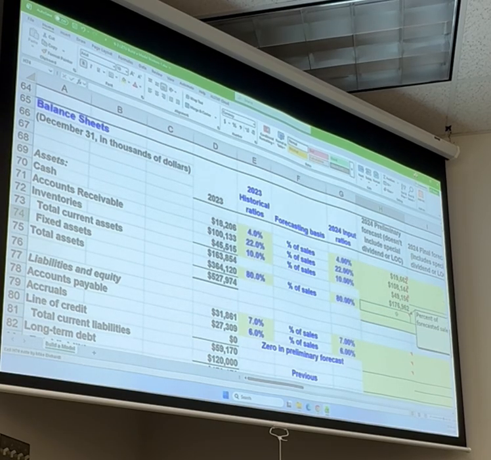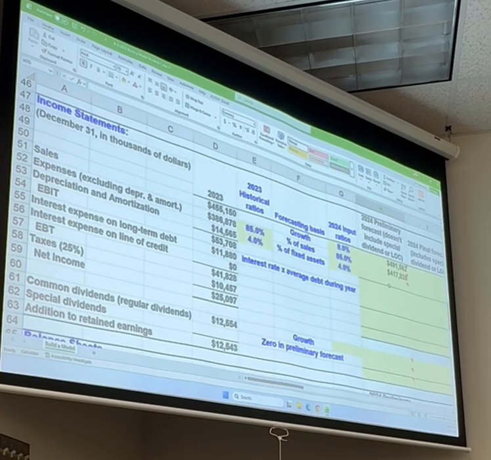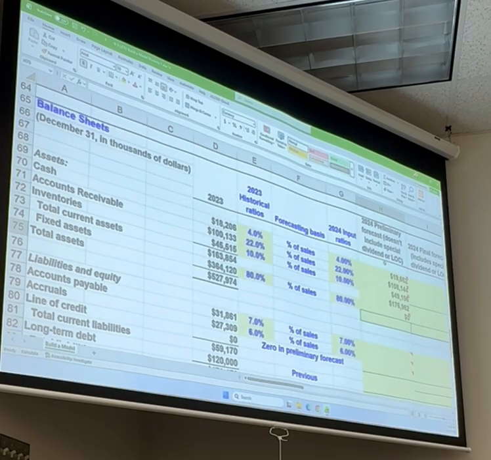Okay, our fixed assets are percentage of forecasted sales, so that's going to be equal to E70 times the 80%. Whoops. That was the wrong number. That's H51. Why did I think E70?